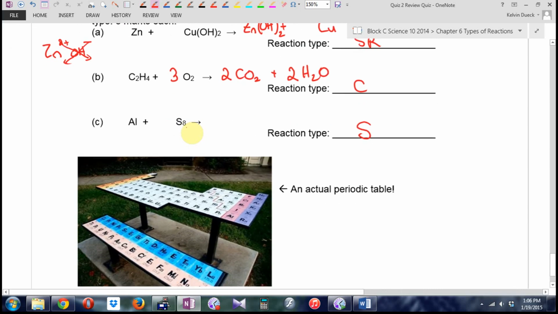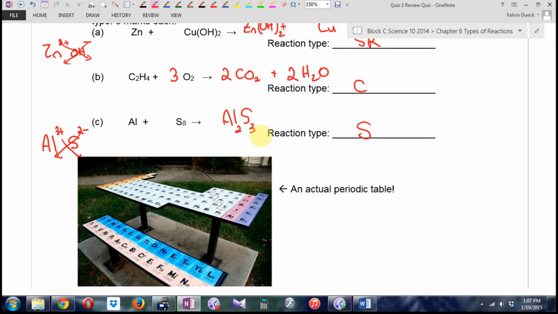Okay, this is going to combine into AlS, but I got a crisscross. Aluminum has a charge of, hello, aluminum, 3 plus. Sulfur has a charge of 2 minus. So when I crisscross, it's going to be Al2S3. Yuck. And now I balance. I'm going to do the S's first because I think they're going to be the yuckiest.